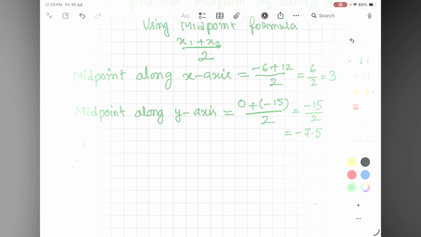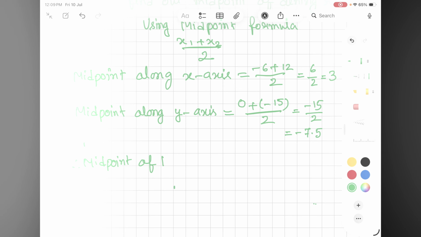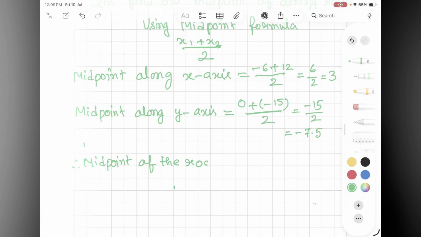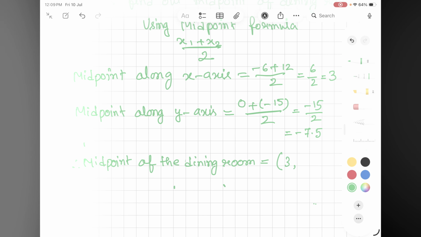Okay, so therefore the midpoint of the dining room, or center of the dining room, equals 3 comma -7.5. So this is the coordinates of the midpoint of the dining room, 3 and -7.5.